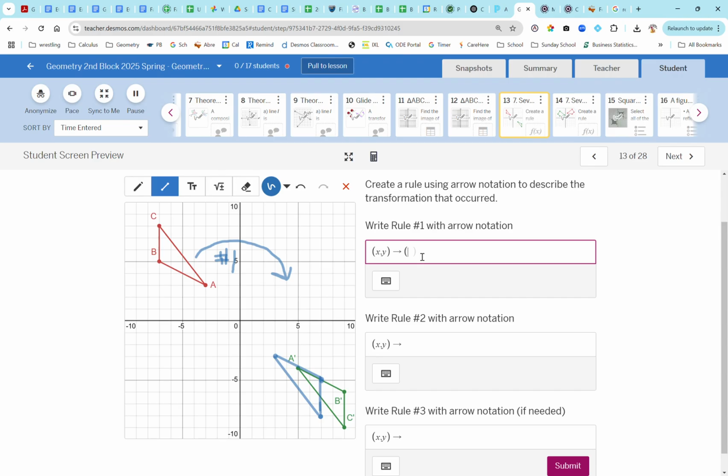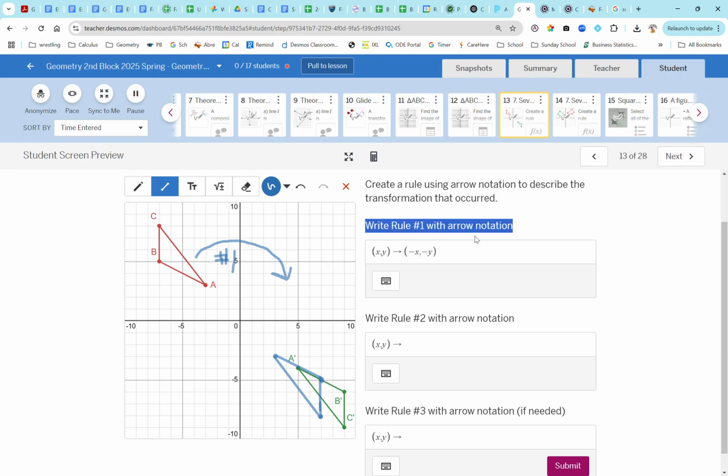So A started out at negative 3, positive 3, and then when we rotated 180, it ended up being positive 3, negative 3. So what happens is this becomes the opposite of x and the opposite of y. Okay, that's just a 180 degree rotation.